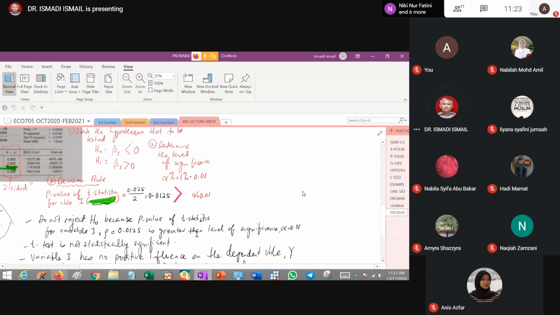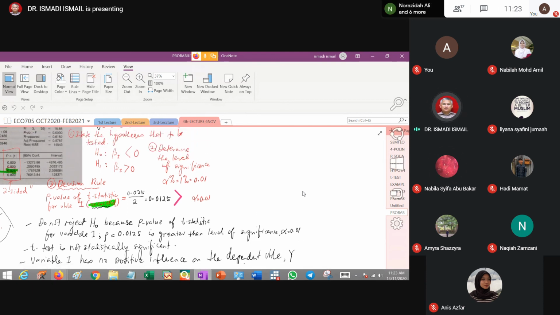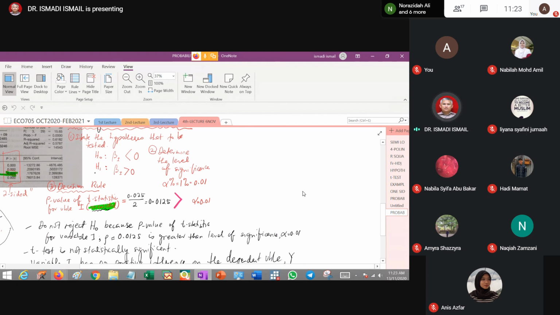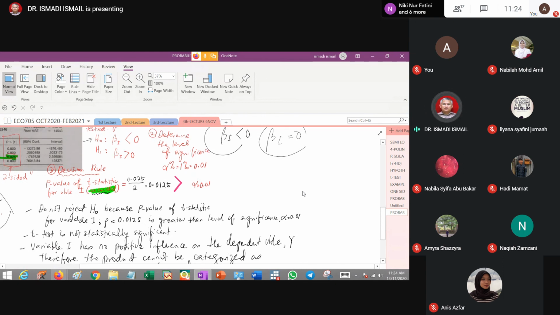Okay. Once you do not reject H0, okay, beta I is negative. So meaning that beta I has an influence on Y, but negatively related, unless your null hypothesis is beta I equal to 0, then it's okay if you say that variable I has no influence.